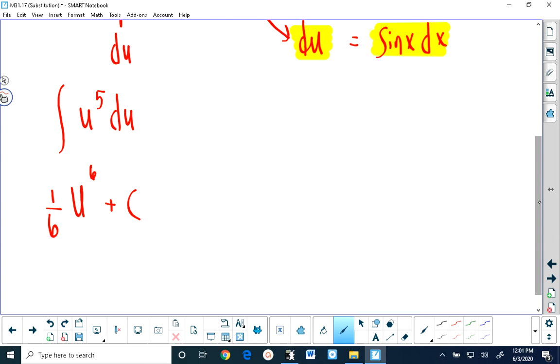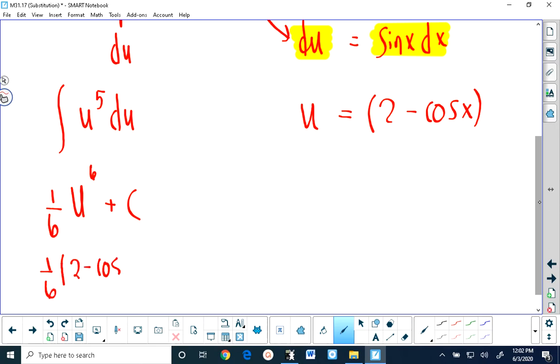But now what we're going to do is, since u was 2 minus cos x, we can put 2 minus cos x back into this expression. And when you do that substitution, you get 1/6 multiplied by 2 minus cos of x raised to the 6 plus your constant. Now, to be fair, many of you may have been able to come up with this answer without using substitution.